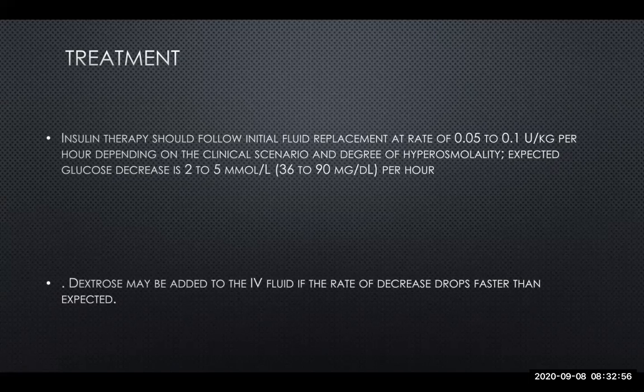This is going to depend on the clinical scenario and the degree of hyperosmolarity. What we expect with this is to decrease the glucose by 36 to 90 milligrams per deciliter per hour. So we can add glucose to this fluid when we see the rate of decrease drop faster than what we expect.